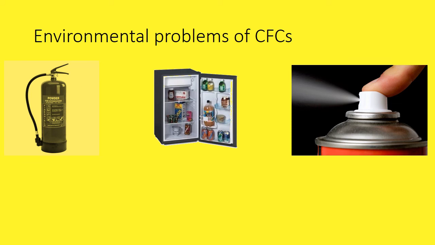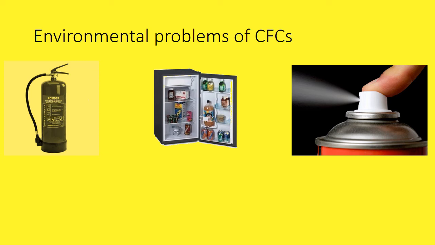So we move on now to summarize the environmental problems of CFCs, and we can see we've got a picture of a fire extinguisher here, a fridge, and an aerosol propellant, and the pictures are there because these are the 3 most common examples of where CFCs were used.